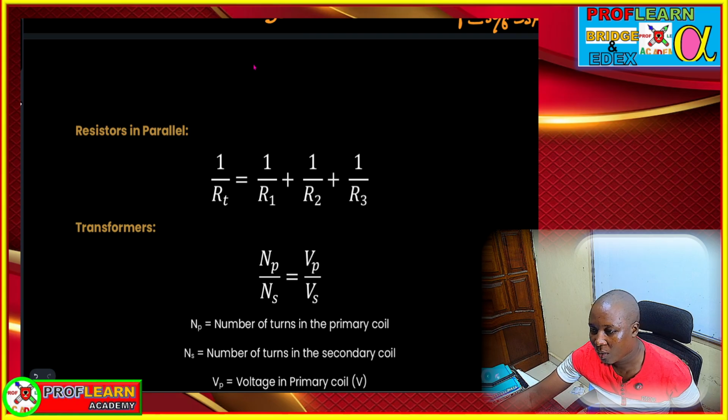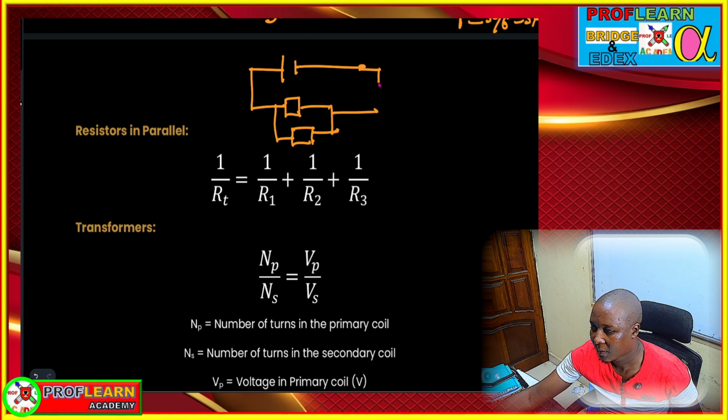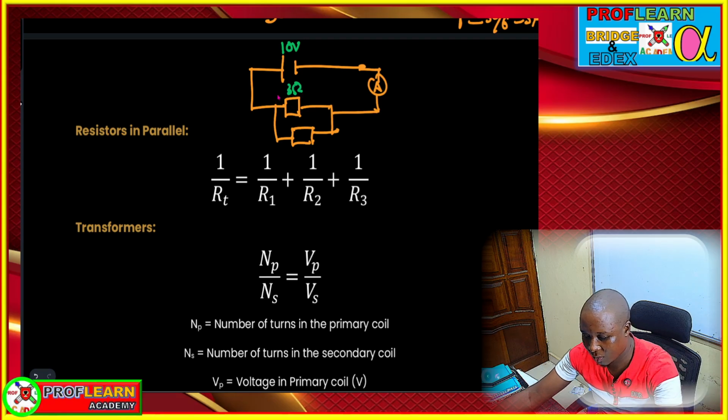So if you are going to have a circuit whereby you have 2 resistors which are in parallel like that, we have an ammeter here, and let's say this is 10 volts and this is 3 ohms. Let me use just a number that's divisible and easy to write. That is 2 ohms, and we have 4 ohms here.